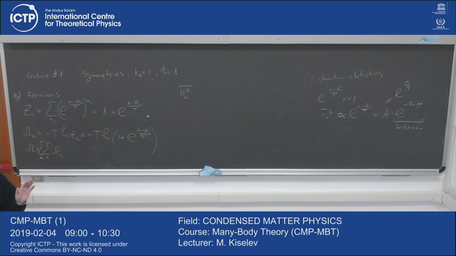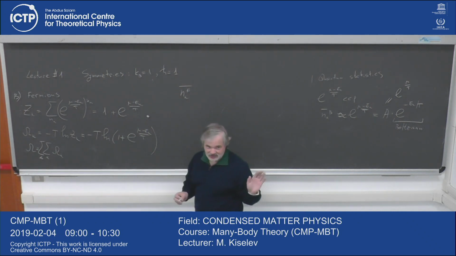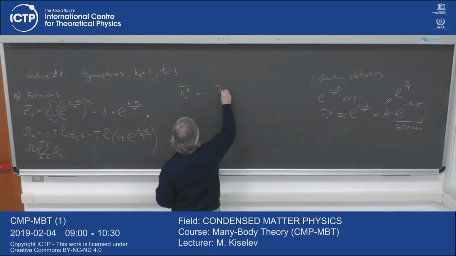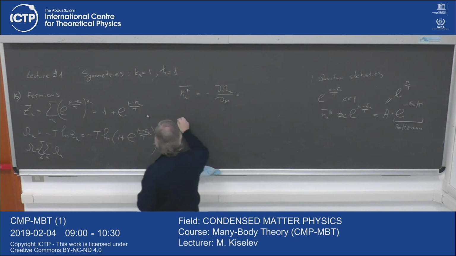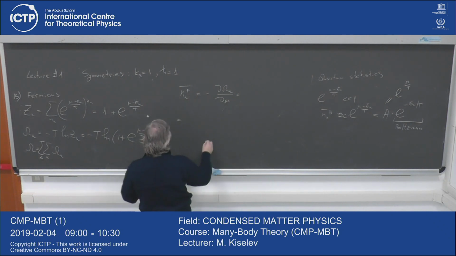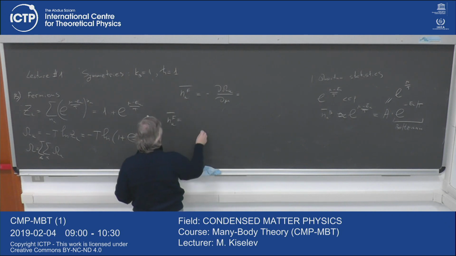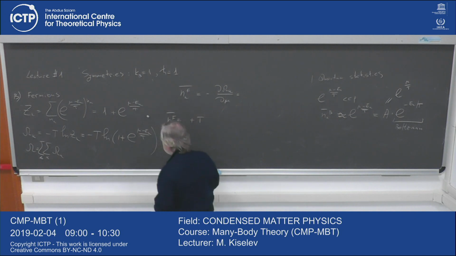It's not spin 0. Please always remember this, but let me be a bit sloppy in my notations here. I think you forgive me for that. So this is minus d Omega_k over d mu.